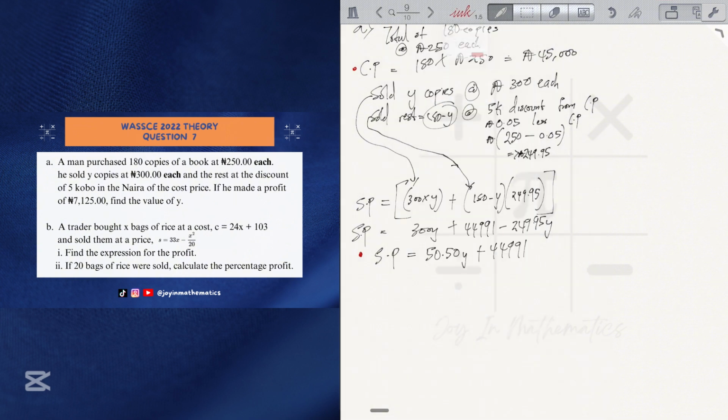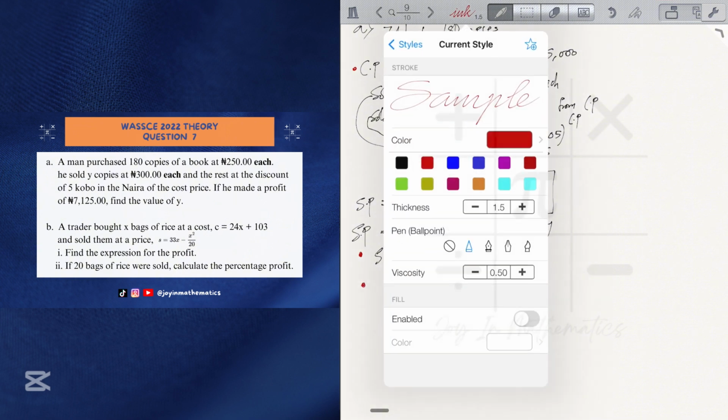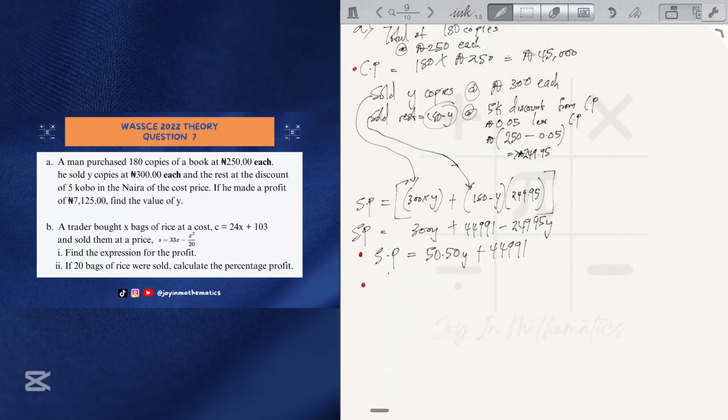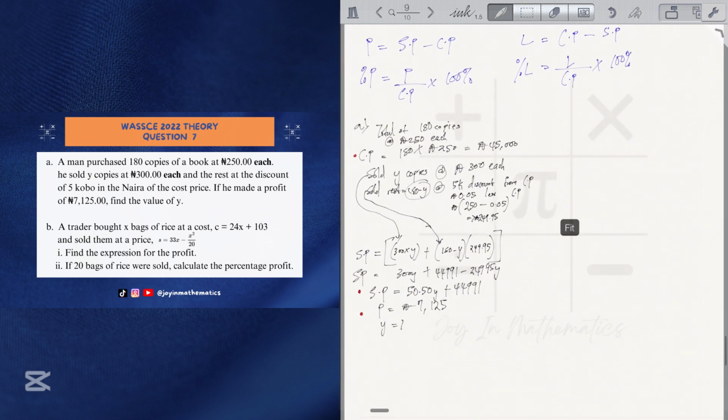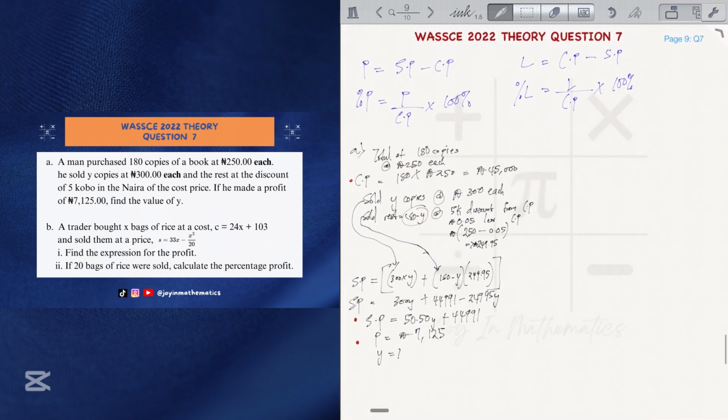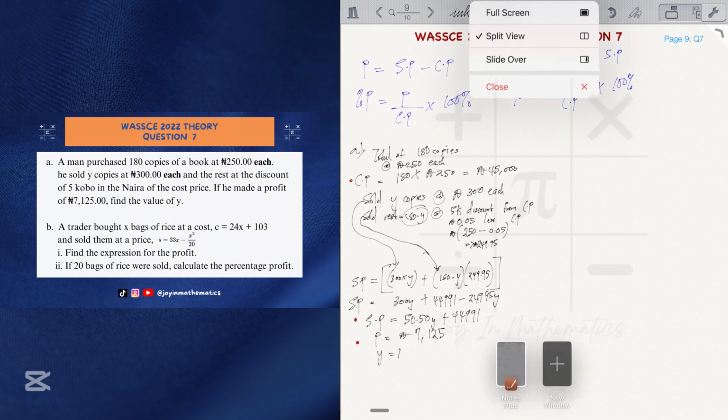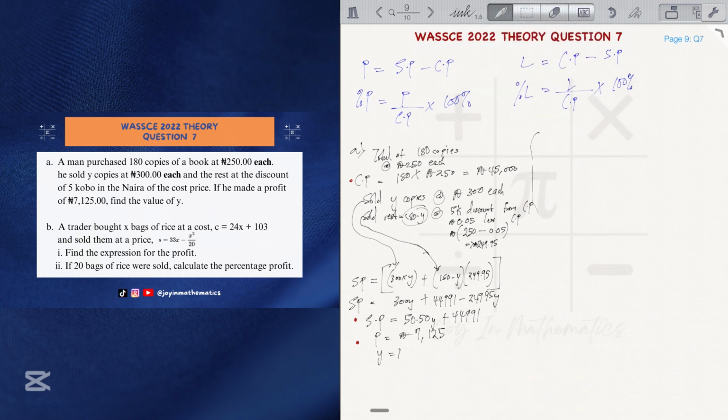So he made a profit, P, that means we're saying P is equal to 7,125 naira. We should find the value of y. So how do we find the value of y? We find the value of y by using this formula of profit, that profit is equal to selling price minus cost price.